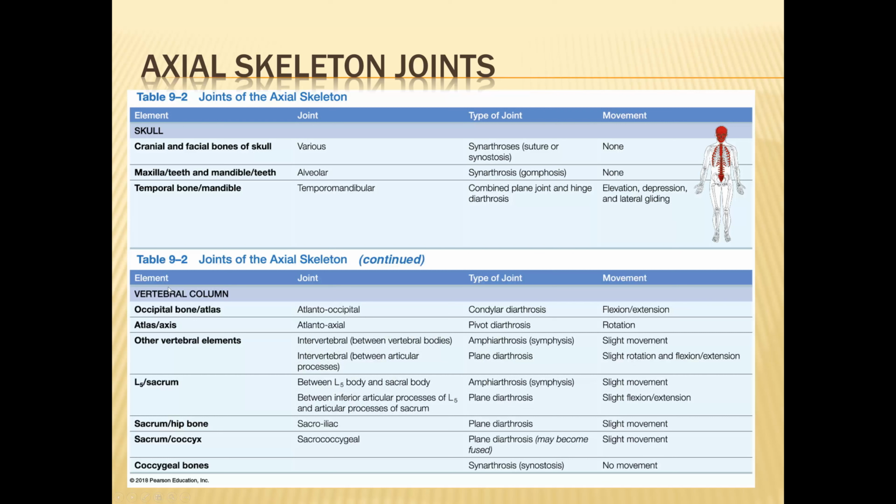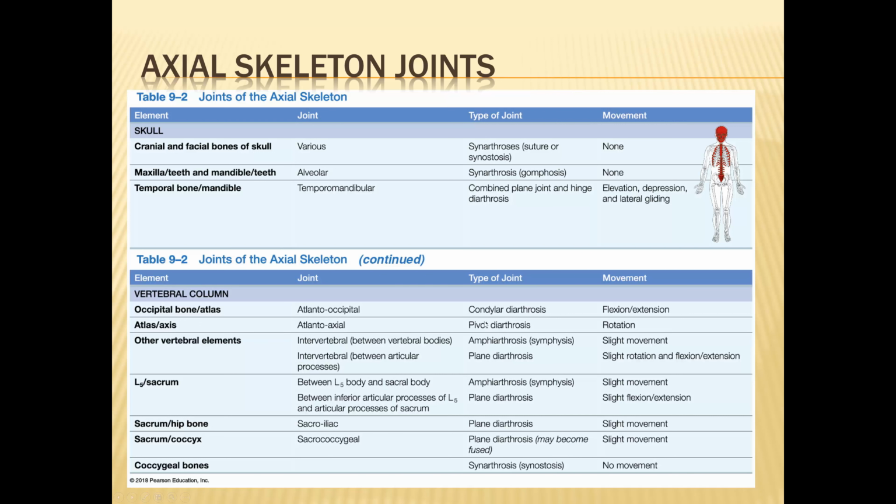If we look at the vertebral column, if you remember the joint between the atlas and the occipital bone, that is actually a condylar joint that allows you to flex and extend your head. So if you nod your head up and down like you're saying yes, that is the joint between the occipital bone and atlas. We also talked about the joint between the atlas and the axis, or the atlantoaxial joint.